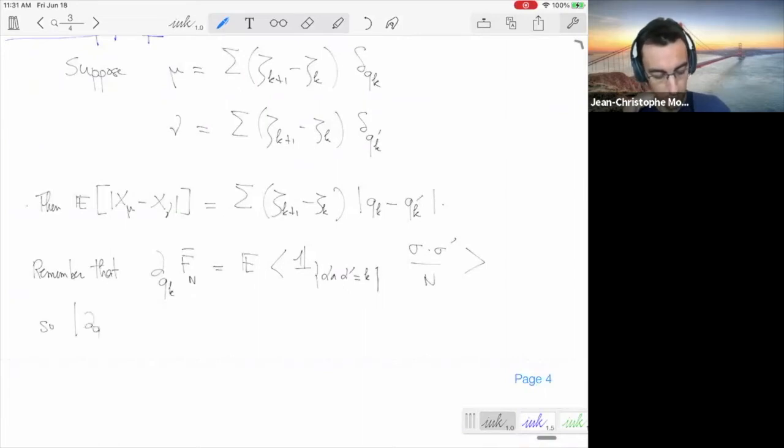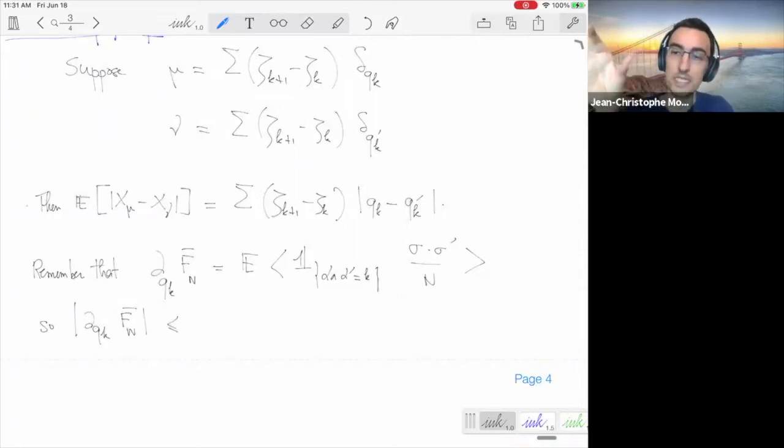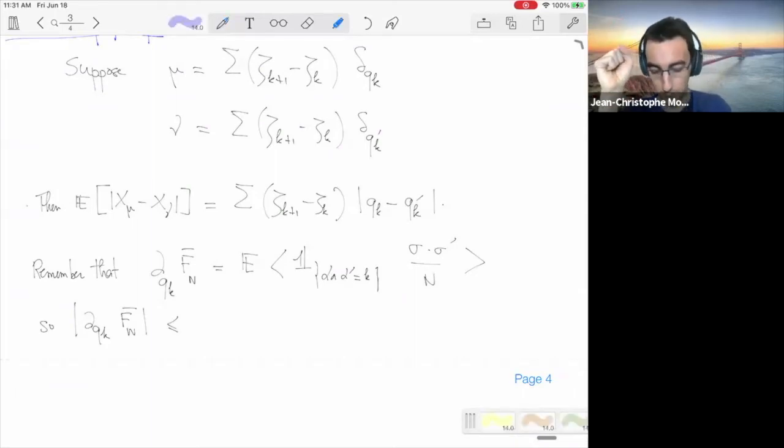So the absolute value of this guy is bounded by, so you remember the sigmas have norm at most square root of n also. So in absolute value, this term is bounded by 1.